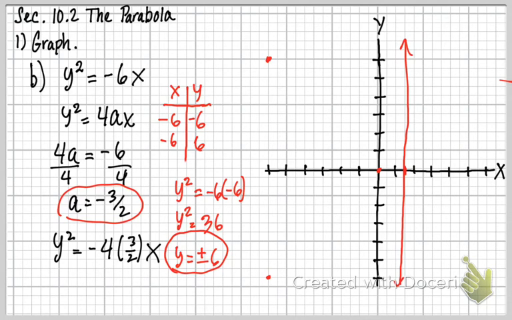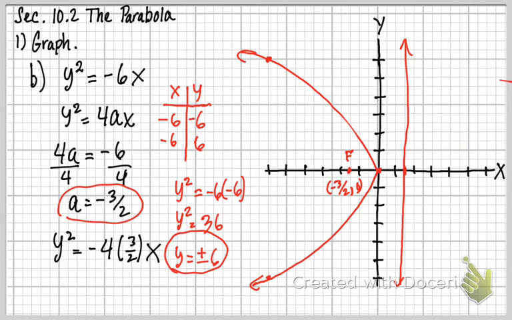My focus is going to be 3/2 to the right, so that's going to be here. That's going to be my focus, and that point is going to be negative 3/2, 0. Then if I draw my picture, it's going to do this.